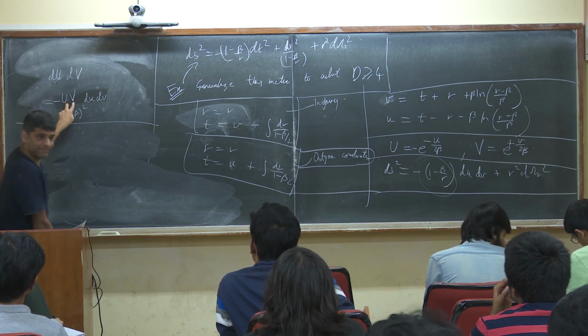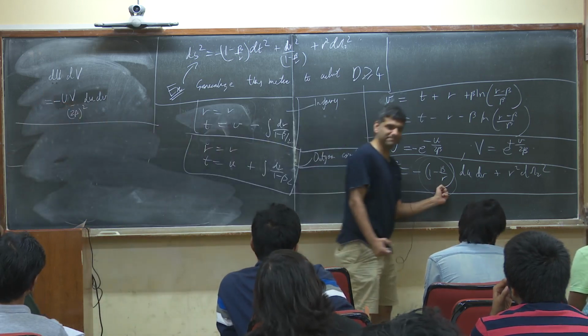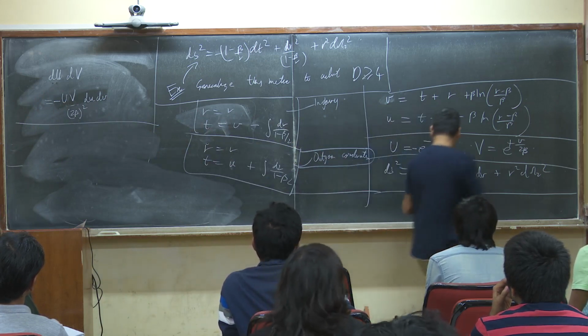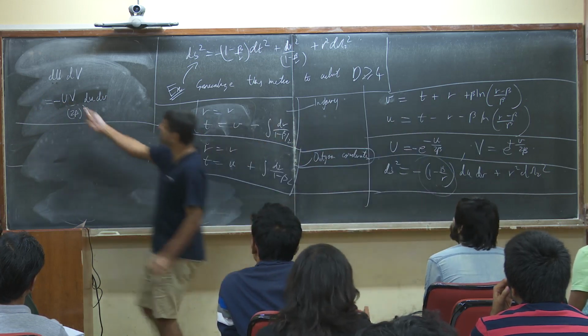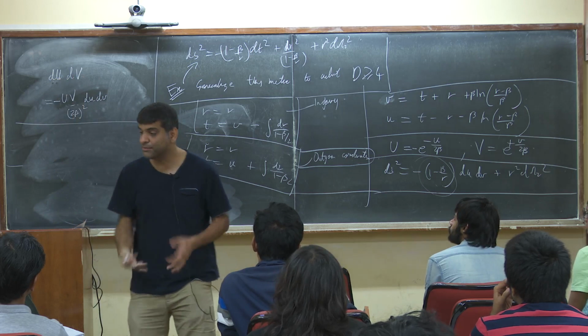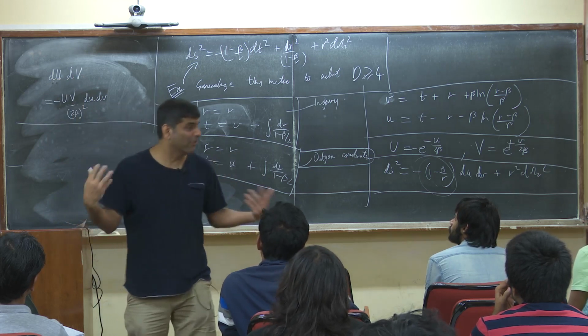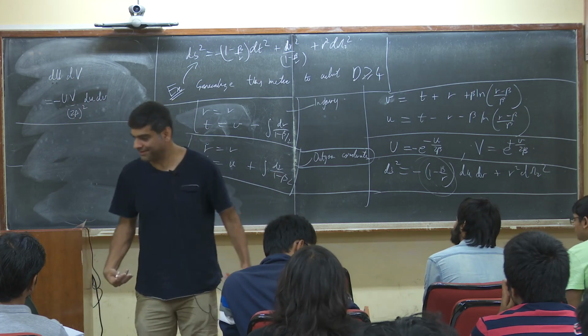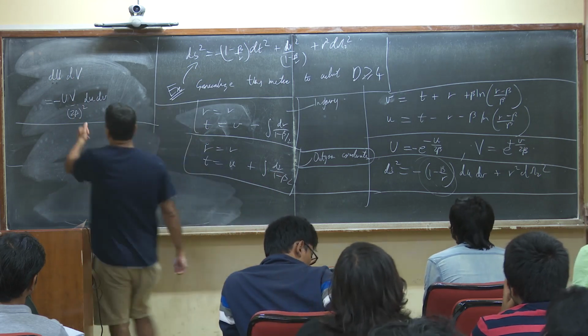And then what we wanted was that this quantity reproduce the 0, so that the metric here written in terms of capital U and capital V might have some funny capital U and capital V dependence, but will not go to 0 at r is equal to beta.